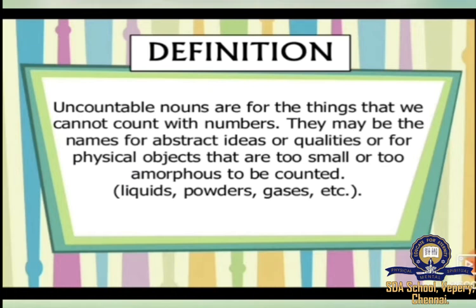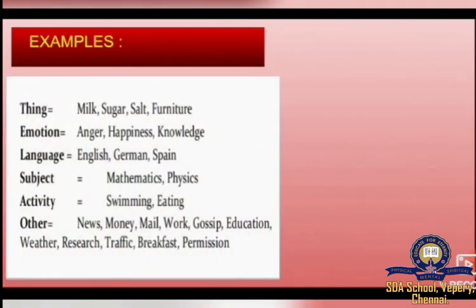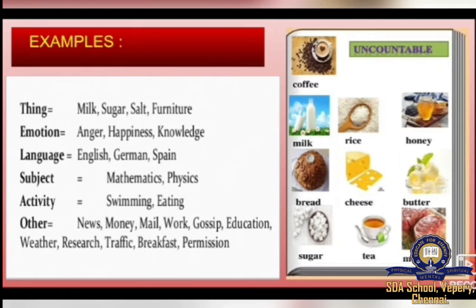So let's look at the examples. They can be things like milk, sugar, salt, furniture. They can be emotions like anger, happiness, love, knowledge. They can be a language, a subject, or an activity, or other things like traffic, breakfast, that is food, or like coffee, milk, rice, honey, cake, bread, cheese, sugar, tea, and meat.